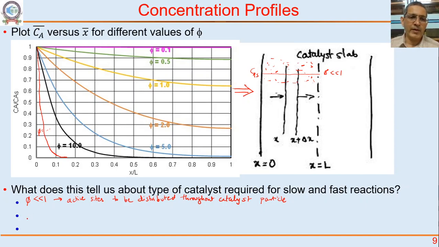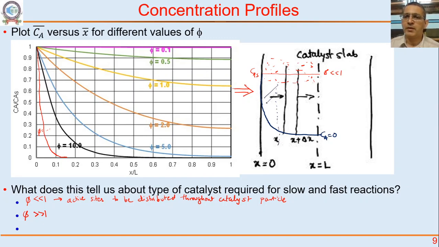On the other hand, if phi is far greater than 1, what is the concentration profile going to look like? Let me use another color. The concentration profile is going to look like this. CA is going to become 0 very quickly. Concentration is changing from CAS to 0 within a narrow region.